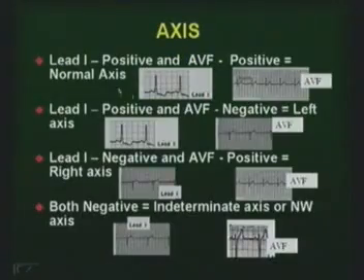All it means is that in a normal ECG, the complexes in lead 1 and AVF are both positive. That's the crux of it. So this is positive, this is also positive, it will come in this quadrant. This is the synopsis of the axis. If lead 1 is positive and AVF is positive, the axis is normal. If lead 1 is positive and AVF is negative, the axis is leftward.